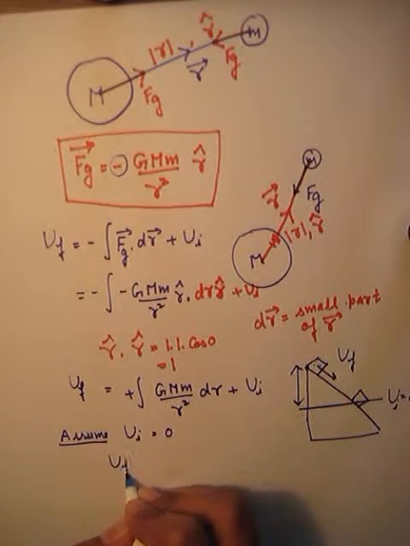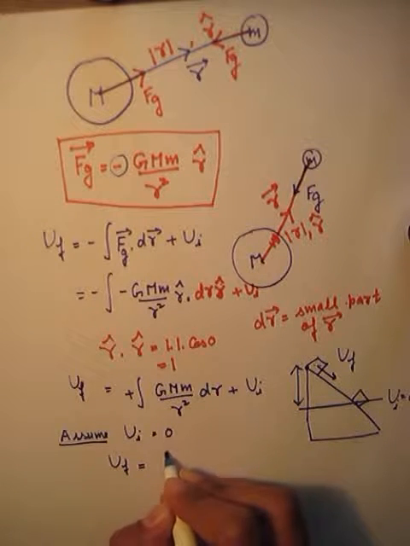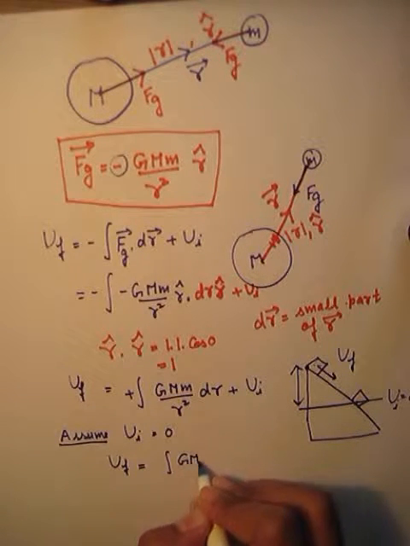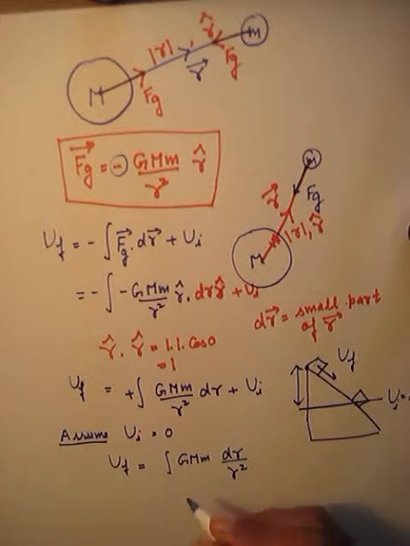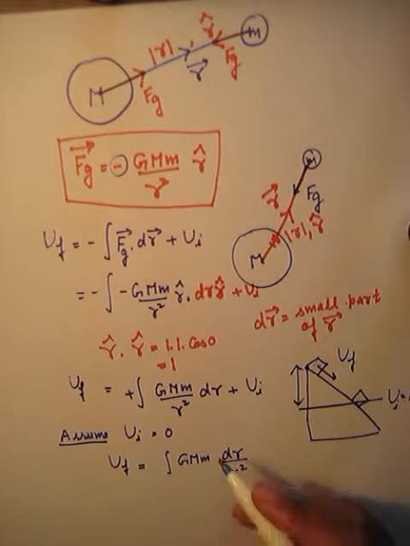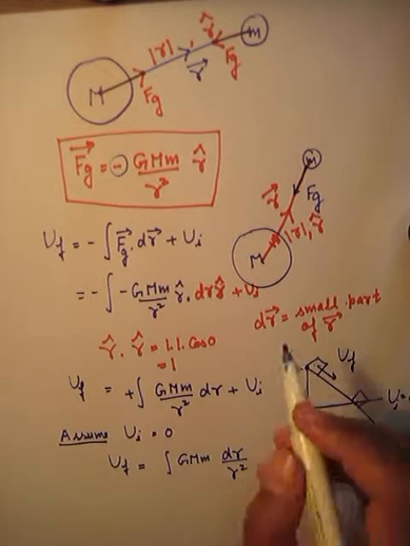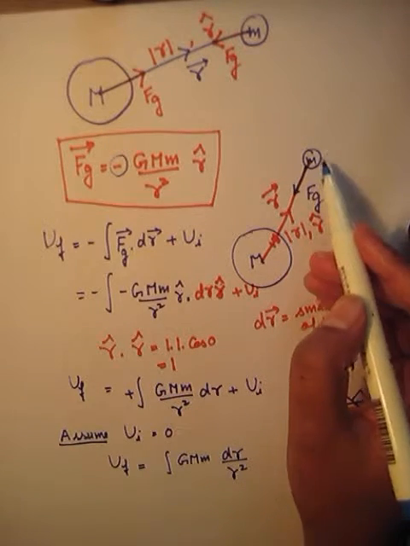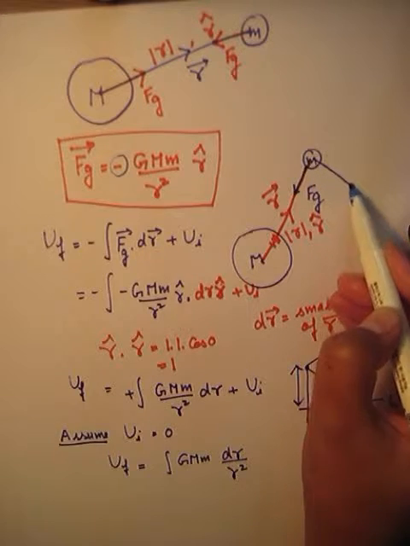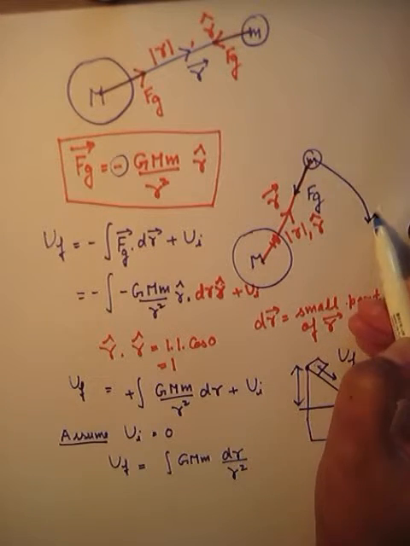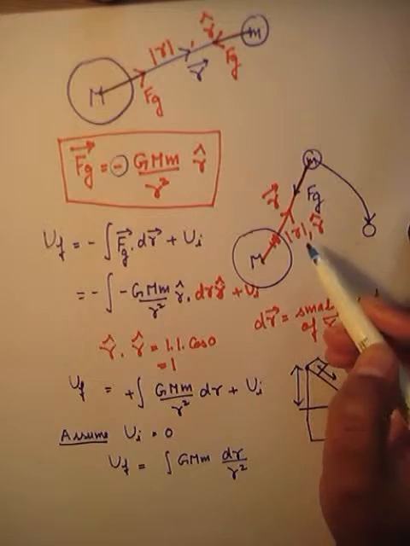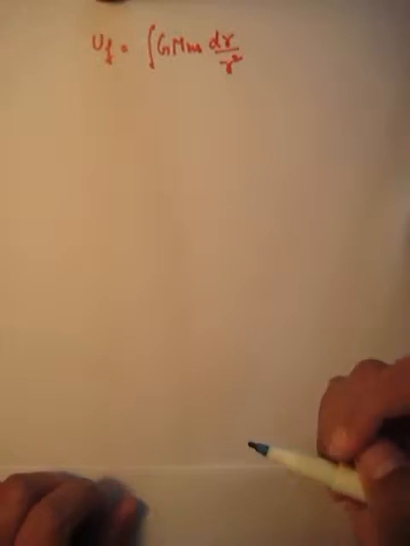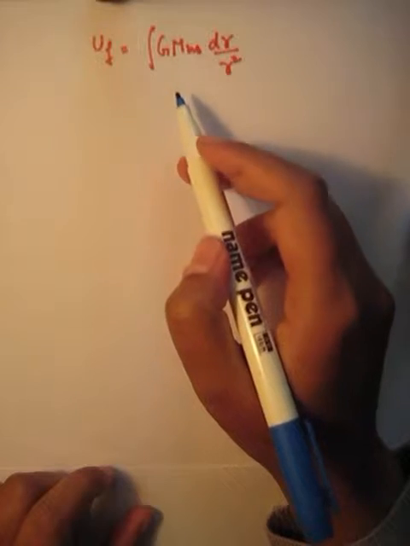So then Uf will be equal to integral of G capital M small m dr upon r square. Now how is r changing? In this situation you have this object, and after some time it moves from here to here. Let us try to find the limits of integration for this function.